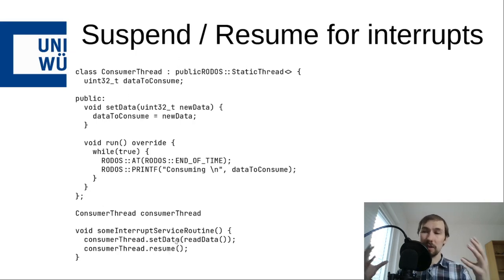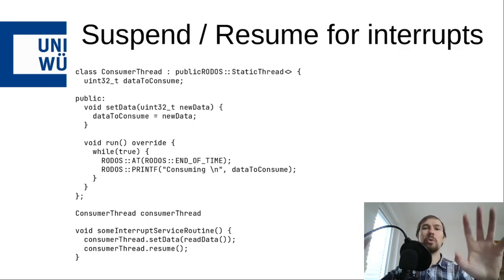This is very good to have only little code in the interrupt service routine, so that rodos is not interrupted for a very long time. In this case, we just push the data to a thread, and the thread is scheduled according to its priority.